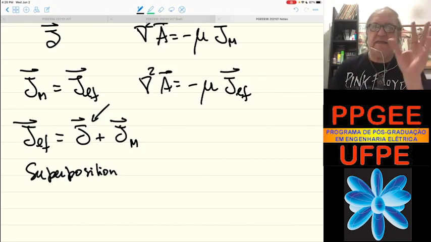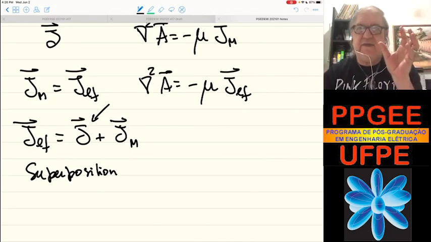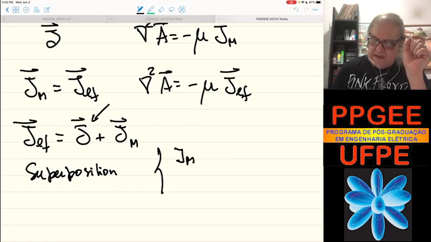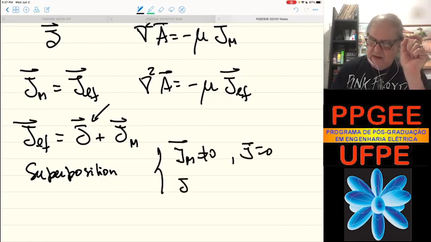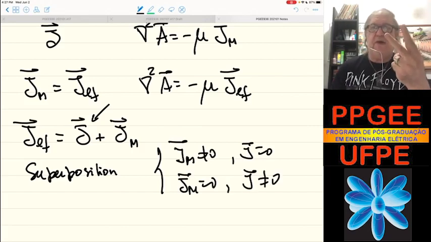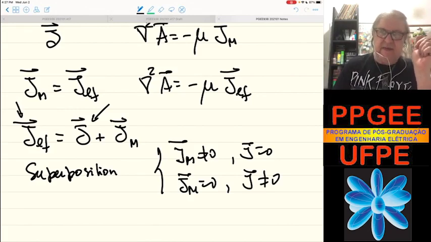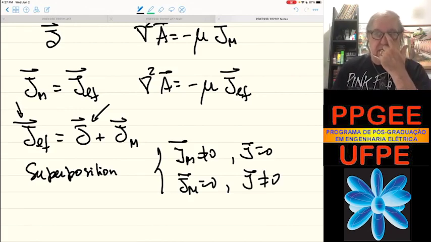So one doesn't change the other one. J is given independent of Jm, and Jm is given independent of J. So you can use superposition. You can solve one problem with Jm not 0, J equals 0, and the other one with Jm equals 0 and J different than 0. So two problems, and add the solutions. No problem. You can do that. Or you can simply substitute in the formulas Jm by J effective.